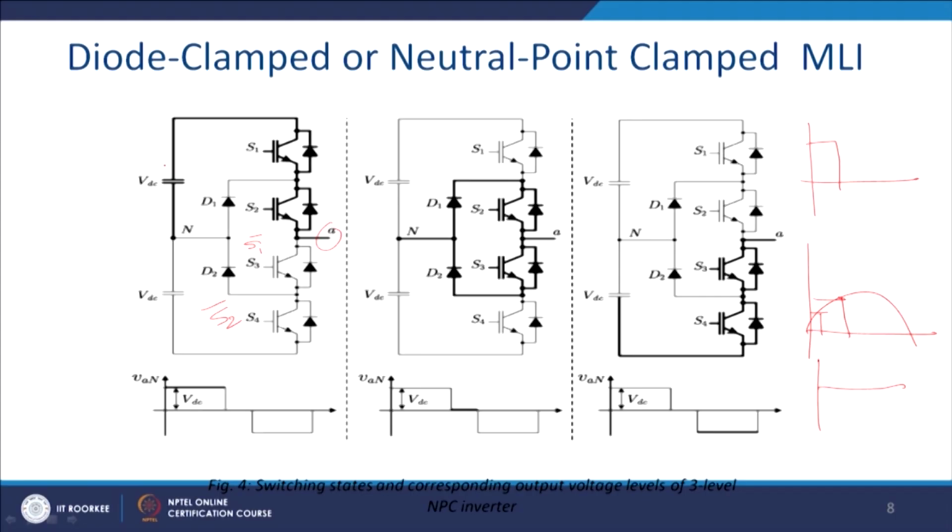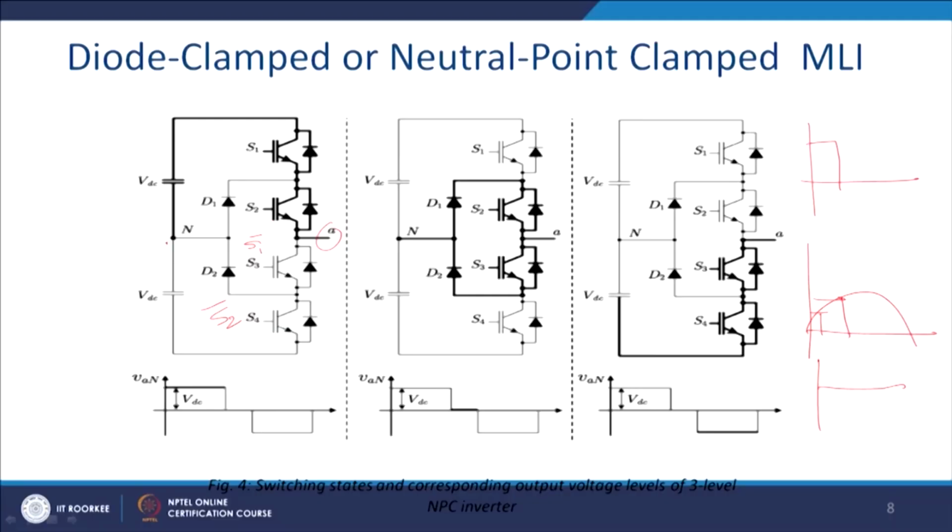Otherwise, current and voltage will be in the same direction, and that is what generally happens. But if current is positive and voltage is negative, then there is a big challenge, because when you apply this voltage, ultimately VDC will come here, and we expect the current to flow this way. But if you want the current to reverse back, ultimately it will go to the diode.